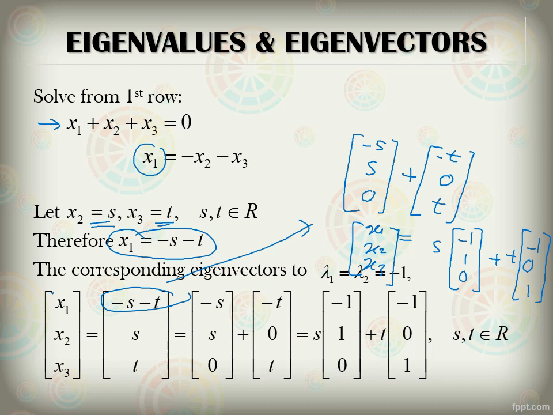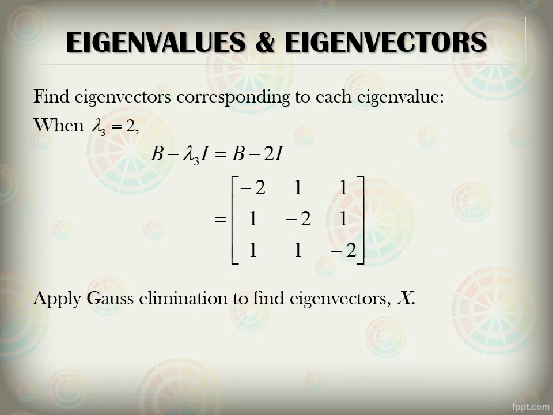Here both our s and our t are real numbers. Since we have equal values for the first and the second eigenvalues, we are done with the first GEM, which represents two eigenvalues that are equal.